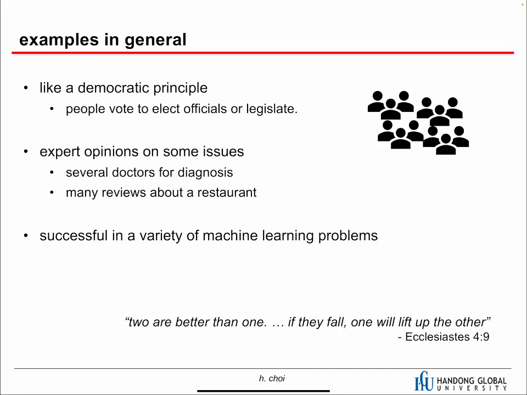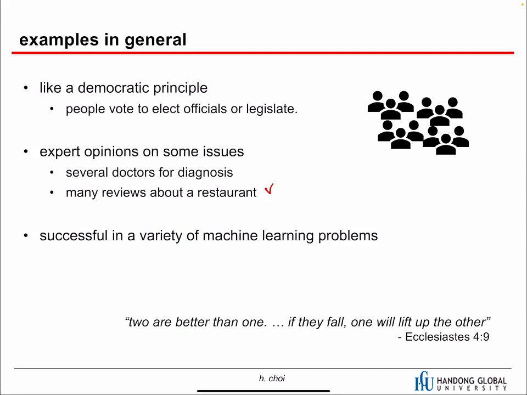Or we can use experts' opinions on some issues, something like several doctors for a diagnosis. When one doctor is not enough, we can discuss and get a second opinion and a third opinion. Or this one is probably more familiar to you. When we search for a restaurant in a new place, we check some reviews.